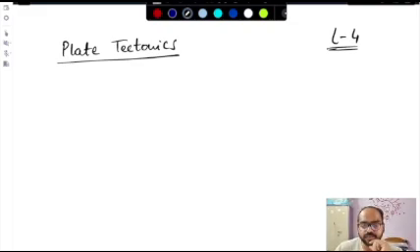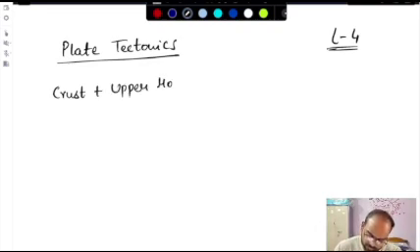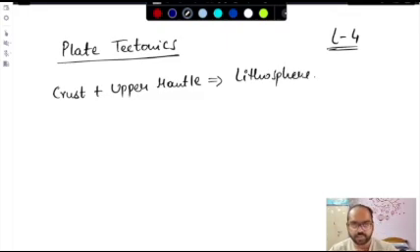In previous class, we have learned that plate means crust plus upper mantle or top layer of mantle. It is called lithosphere. This lithosphere is nothing but plate. Crust plus upper mantle is called lithosphere.